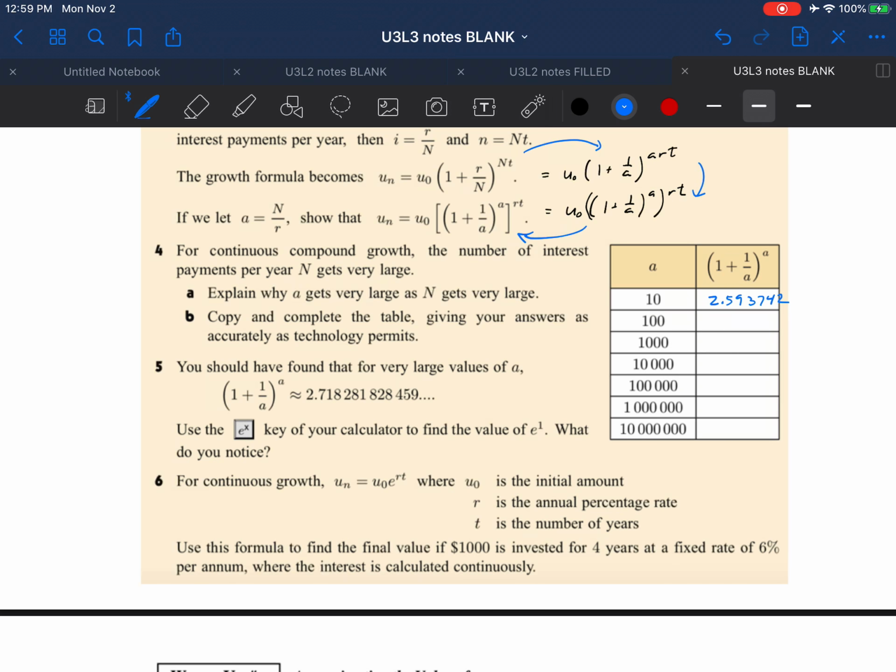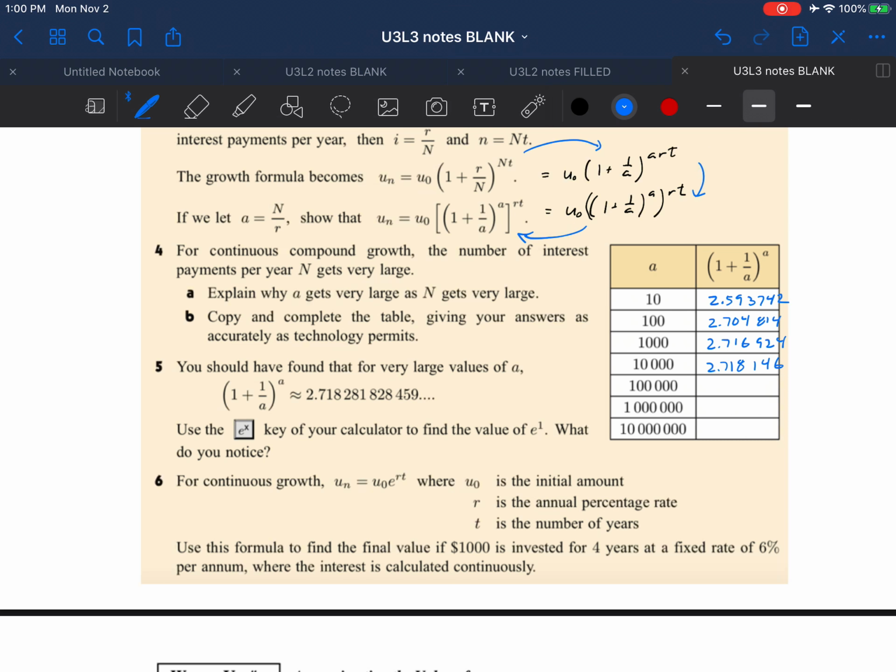Next one, 2.704814. Next one, 2.716924. Next one, 2.718146.